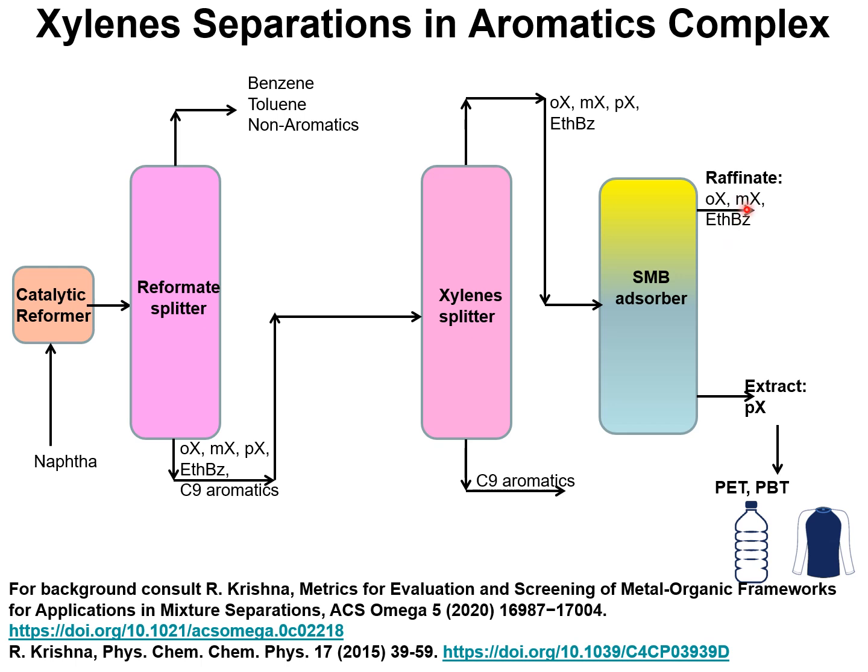A raffinate stream consists of ortho-xylene, meta-xylene, and ethylbenzene, and the extract stream consists of the para-xylene isomer that has the highest demand. And this para-xylene isomer is a feedstock to produce products such as PET and PBT.